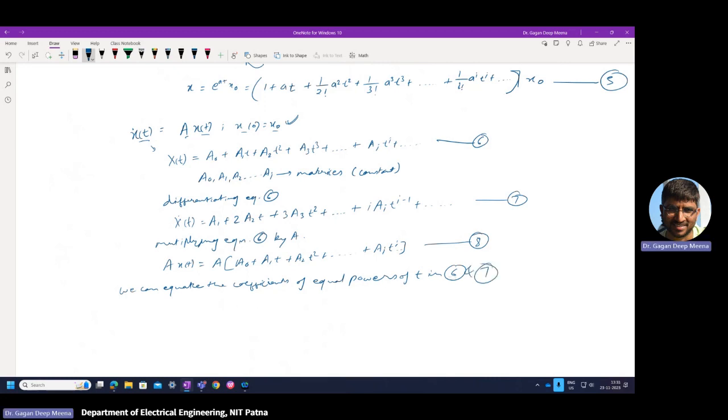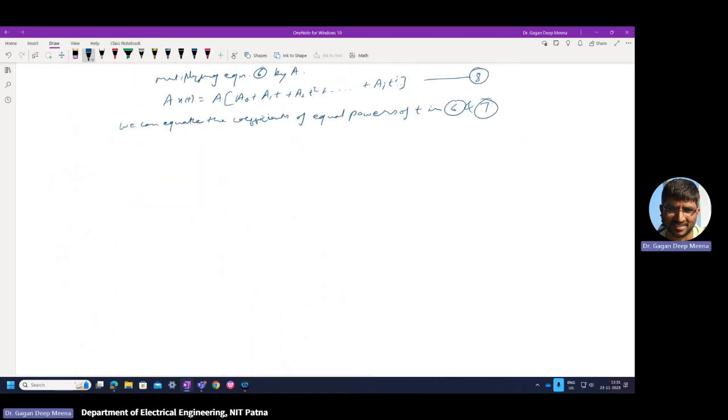Now we will equate the whole thing. Let's make a straight line, and on equating constants.